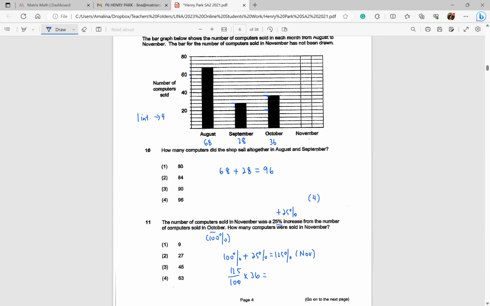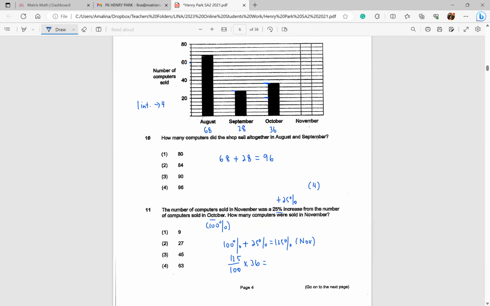Now, what if let's say you have no calculator? How do I actually simplify this fraction? Simplify your 125 over your 100 first. So I get 5 over 4, because both of these numbers can be divided by 25. And then 4 and 36 again can cancel across. So 4 divided by 4 is 1. 36 divided by 4 is 9.